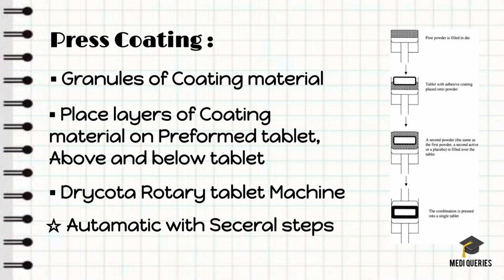Above and below the preformed tablet, we will arrange these coating layers of the coating materials, above and below the tablet to be coated, in a dry coater rotary tablet machine apparatus. By using this apparatus we will prepare the coated tablets. It is a dry process. There is no need of any wetting in this method.